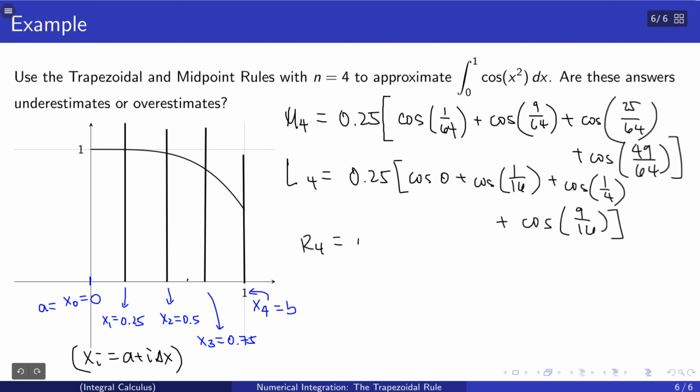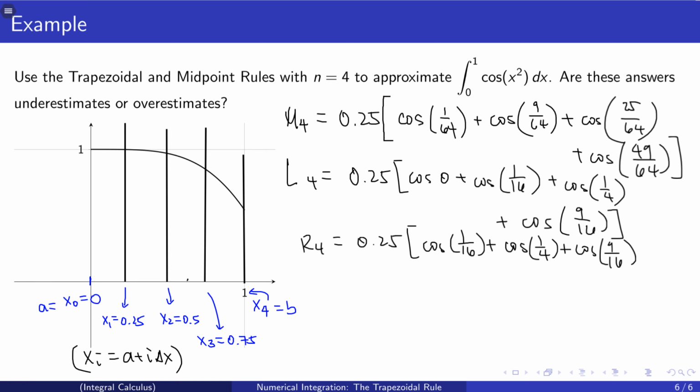Right endpoint, similar. Right, so you already see the pattern there. You're taking the three in the middle and either taking a or b, depending if it's left or right. And so the trapezoidal rule is just going to be the average here, whatever that is.